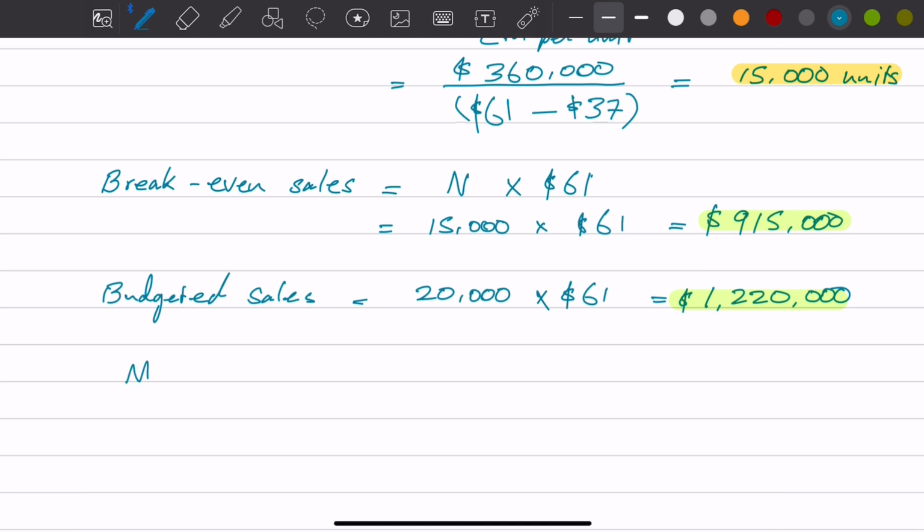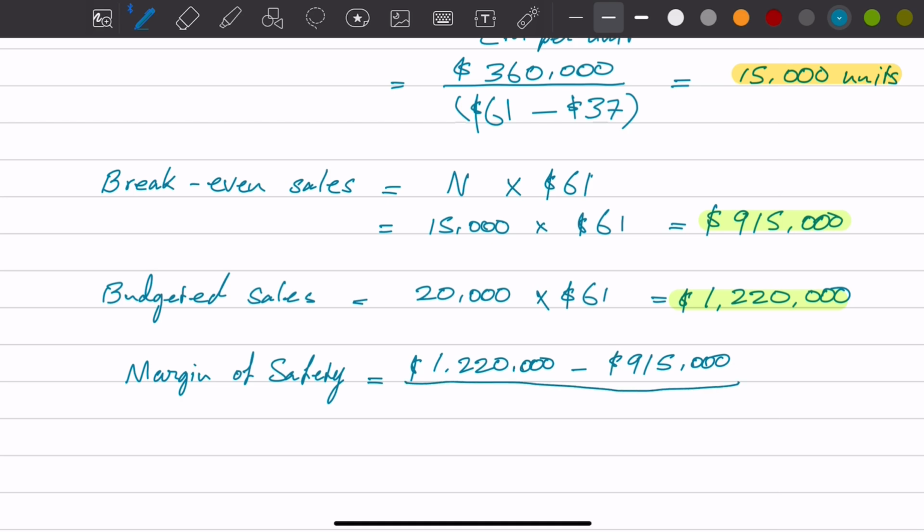So that means margin of safety is going to equal the budgeted sales, which is 1,220,000, minus the break-even sales, which is 915,000, all divided by the budgeted sales again, which is 1,220,000. Okay.